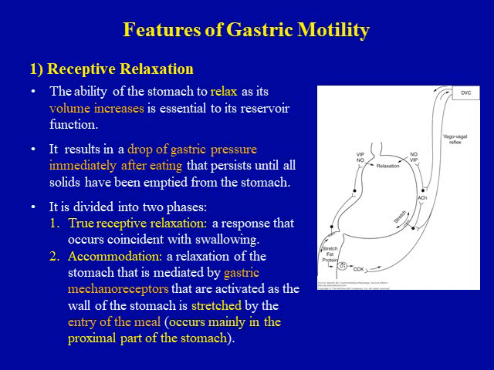And again, as you can see, the vagus nerve can stimulate enteric neurons that release nitric oxide and VIP, and local reflexes can also stimulate enteric motor neurons that finally lead to the release of nitric oxide and VIP, and both of them can relax the smooth muscles of the stomach.